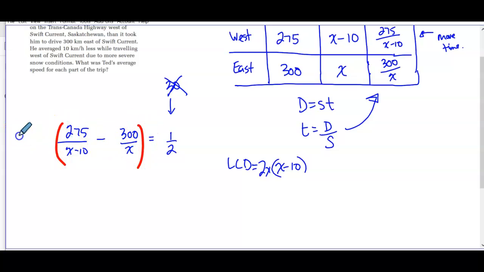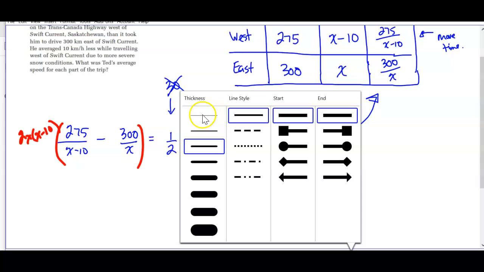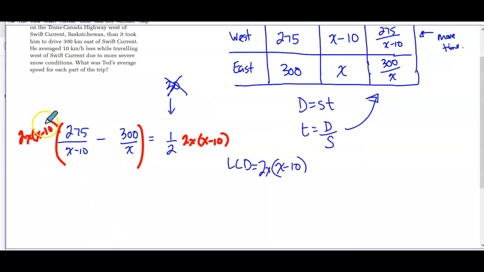So I'm going to multiply by 2x, x minus 10, 2x, x minus 10, and distribute. So in there, the x minus 10s divide out, so I'm left with 2x times 275, minus the x divides out, so I'm left with 2 times x minus 10 times 300.